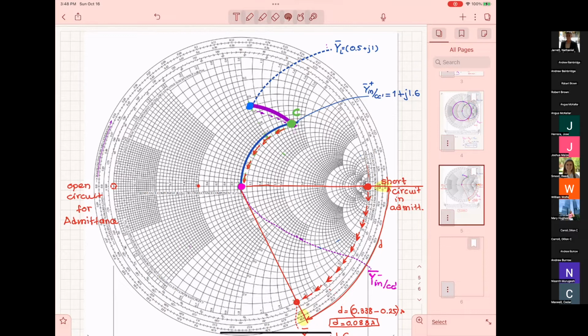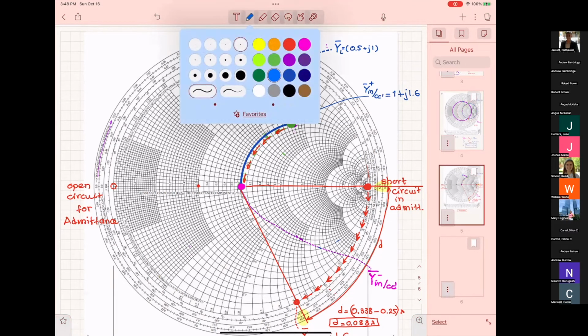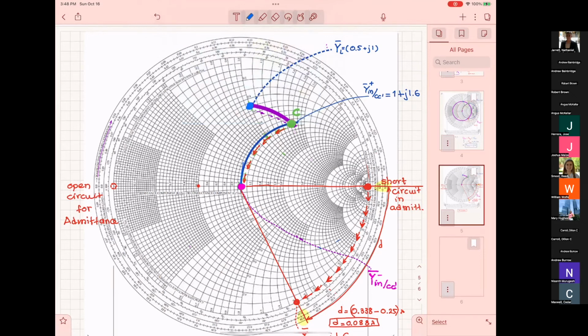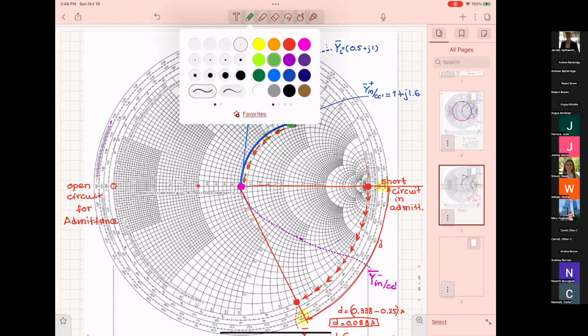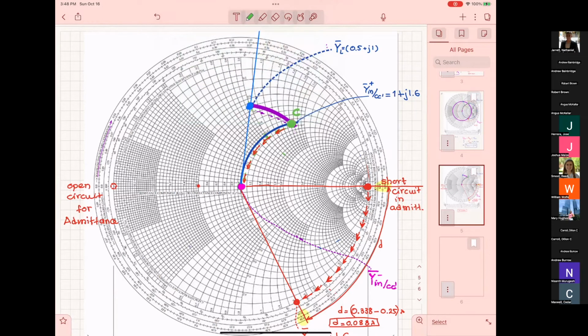So again, to find that distance, I take one line and connect it from the end to the blue. And then I take another line, which is the beginning where the load was, and I connect from the pink to the green.